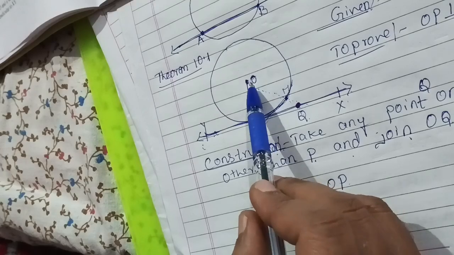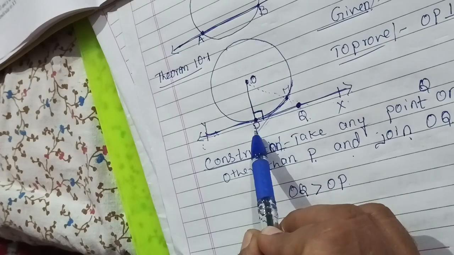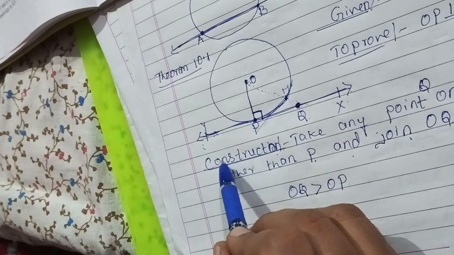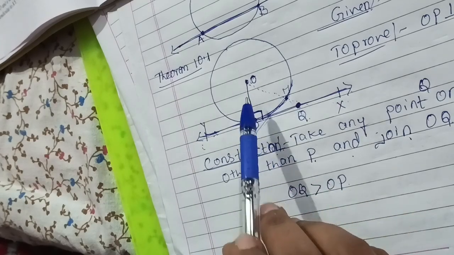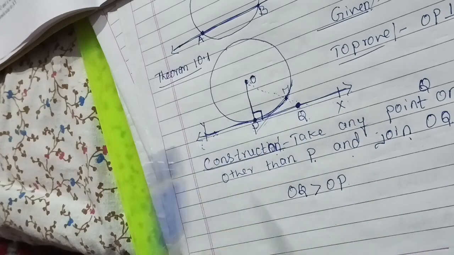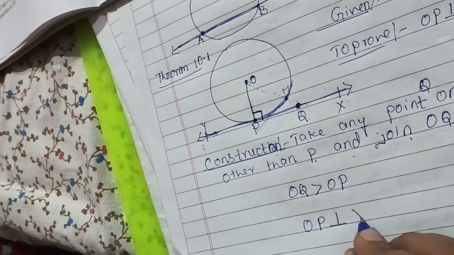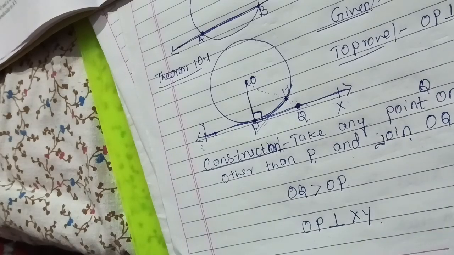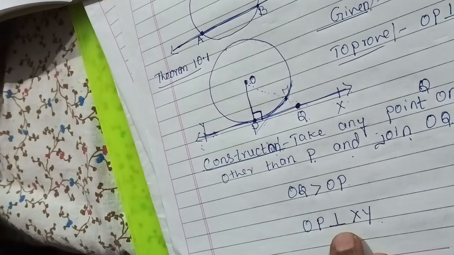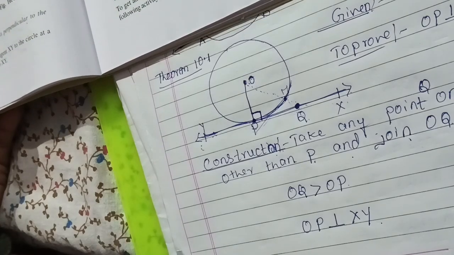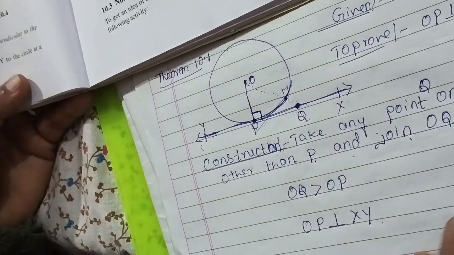So OP is the shortest of all the distances from the point O to the line XY. Therefore OP is perpendicular to XY. That is our proof. Everything I have explained, you have to write. Just read what is given in the textbook and you will get it.